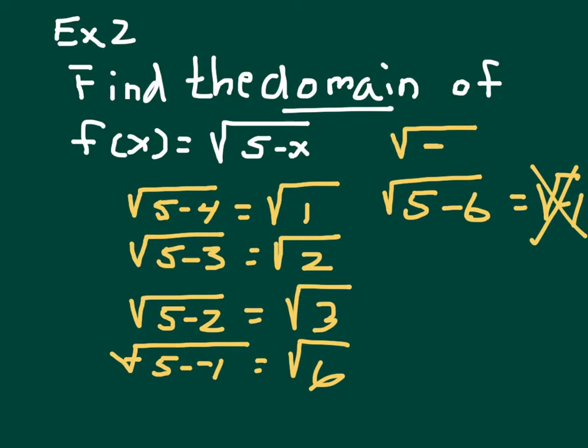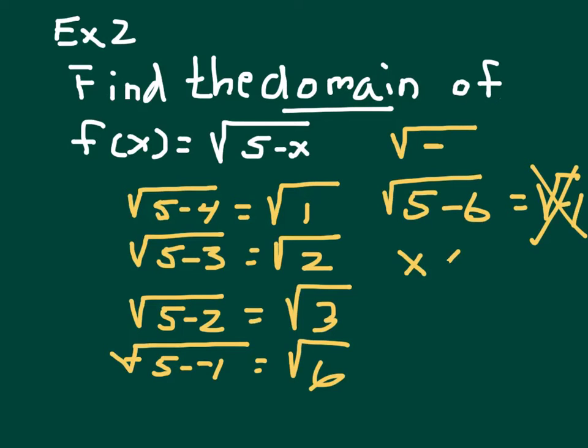I can't put 6 in, I can't put 7 in, I can't put any number in that is 6 or above. Now also, I can put in 5 or any number smaller than 5. So what's the domain?